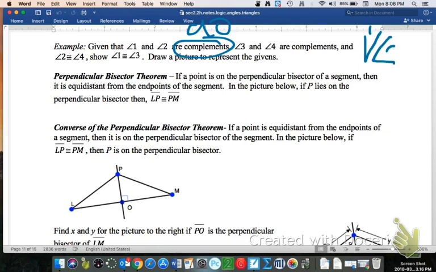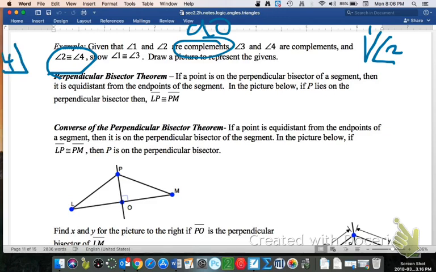So this will be 1, this will be 2. Then I know that 3 and 4 are complements. So I'm going to draw a 3 and a 4 as well. I'm going to draw a similar picture. Now, before I start drawing the picture, notice here that 2 and 4 are congruent. So I want to draw my angle 4 to look exactly like the same measure as angle 2.